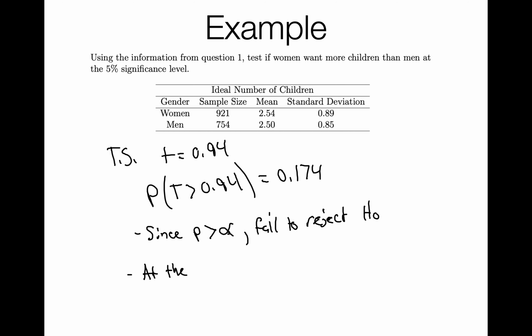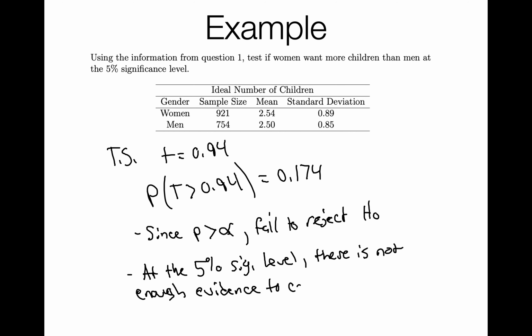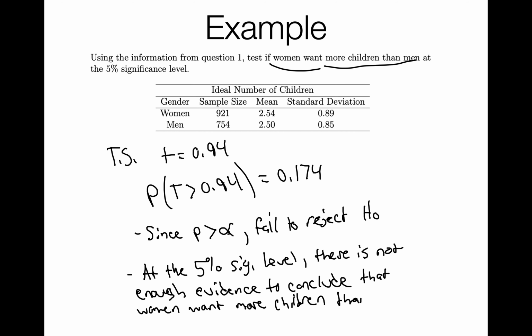Conclusion: at the 5% significance level, there is not enough evidence to conclude that women want more children than men, and really you should add on average at the end because we're talking about means.